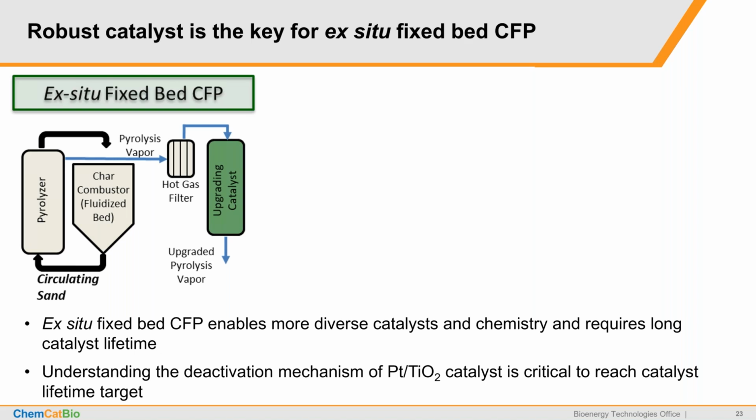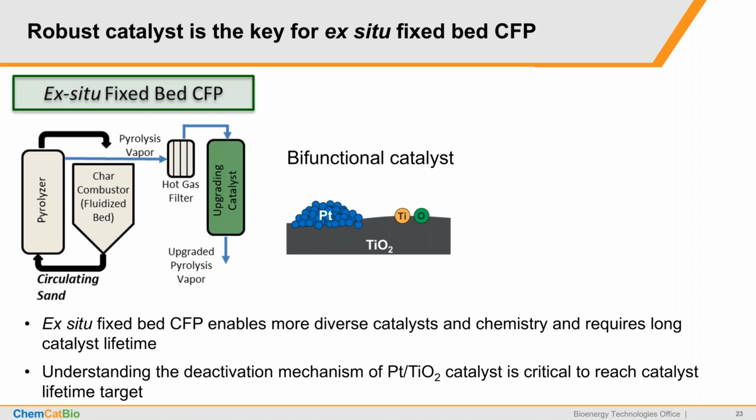So this enables more diverse catalyst chemistry, but as you can imagine, a fixed bed requires a much longer catalyst lifetime. Therefore, understanding the deactivation mechanism of this catalyst is critical. Shown here, the NREL team developed this very nice platinum on titanium catalyst, leveraging its bifunctionality, including a metallic functionality provided by platinum, and acid-base functionality provided by the TiO2 support.